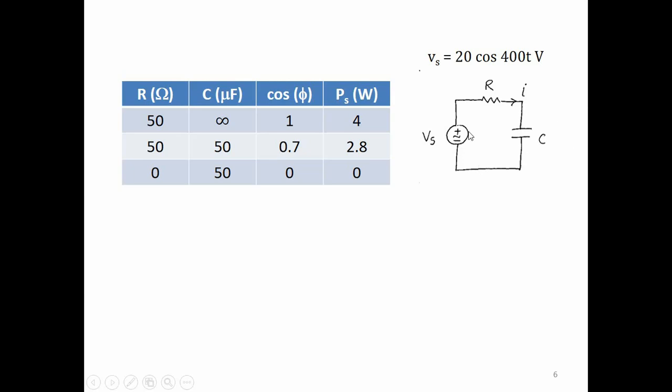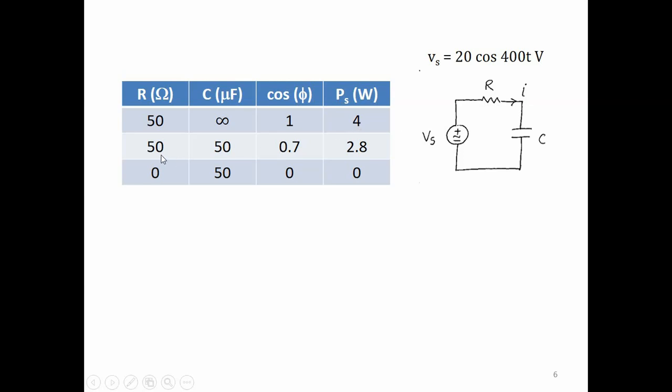So in this first case, we have only a resistor connected to a voltage source, then of course phi is 0, the current and voltage are in phase, and so cos phi is 1, and the power supplied is 4 watts, or power consumed is 4 watts, same thing.